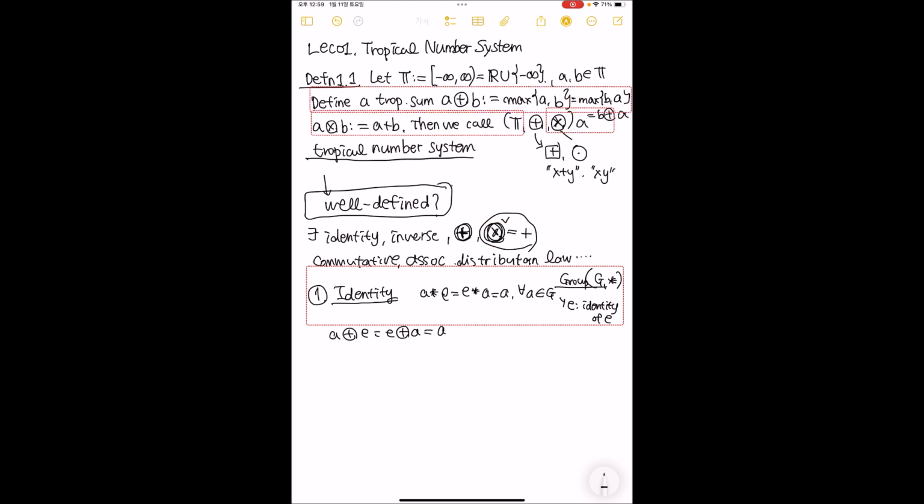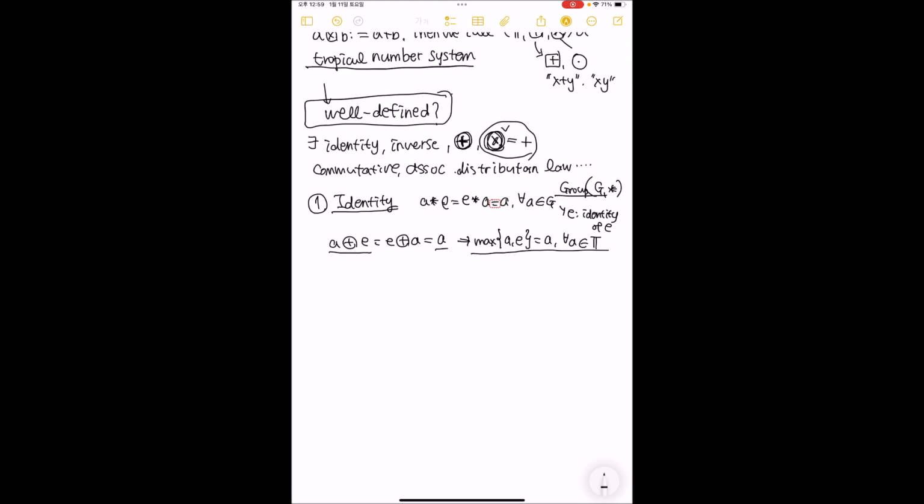So we should check one of them, which means that for all A in T, and E also in T, we should find this result for every A in T. If we plot the horizontal graph, if A is given here, and to satisfy this equation, the identity E should be in this part.